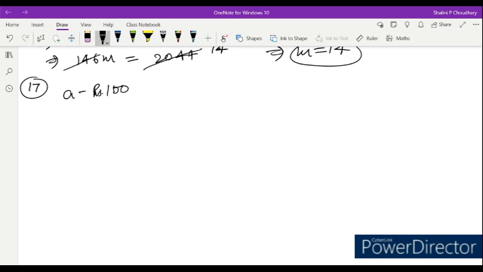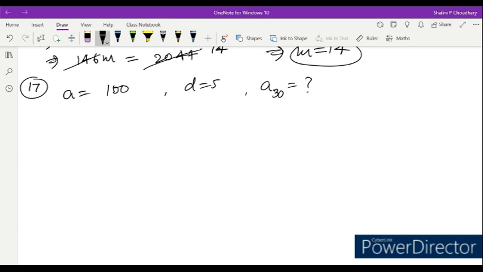So this is the first term A. 5 rupees every month means that is the common difference, that is 5. And what amount will he pay in the 30th installment? So 30th installment means we have to find out A30.